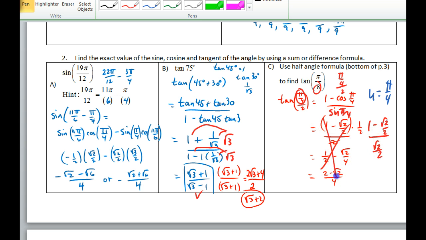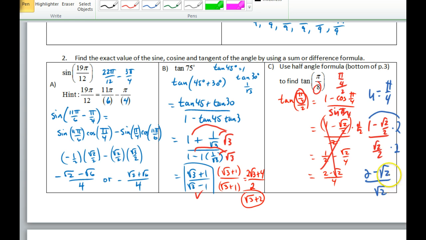Now if I want to clear the fractions on this, what I have to do is multiply top and bottom by 2. So I'm going to multiply this by 2 and this by 2. When I do that, I get 2 minus square root of 2 all over square root of 2. Now you might not like that either because we have the square root on the bottom.